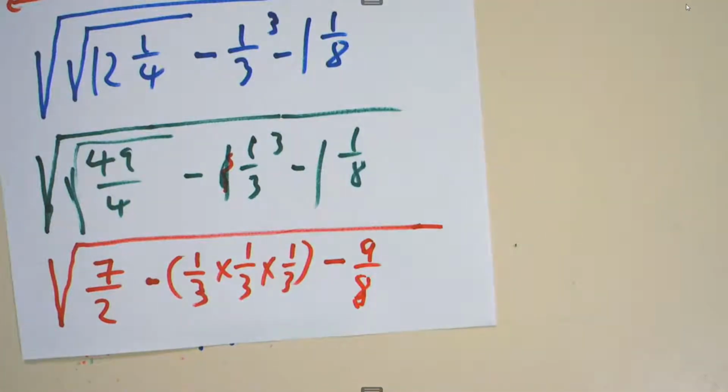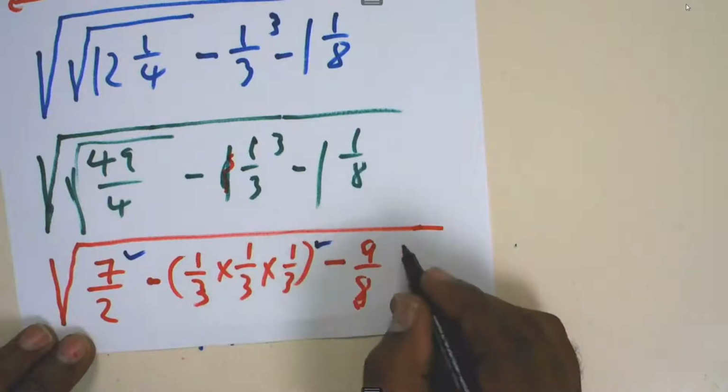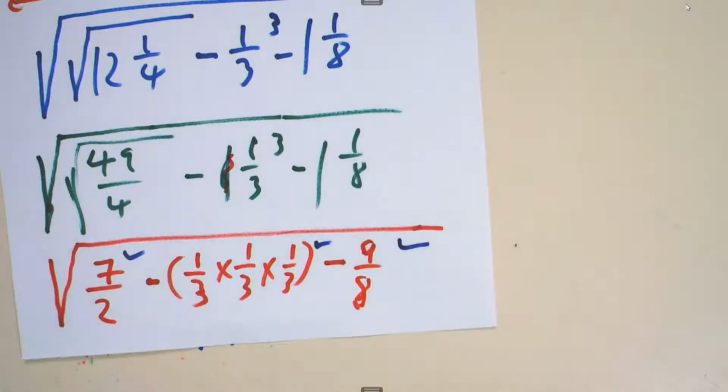Remember, mathematics is a step-by-step process. That's what matters. The final answer will come. You should not always worry about the final answer, because that's where we make mistakes, because you say, this one, it looks like I won't get to the final answer, I won't arrive at my destination.